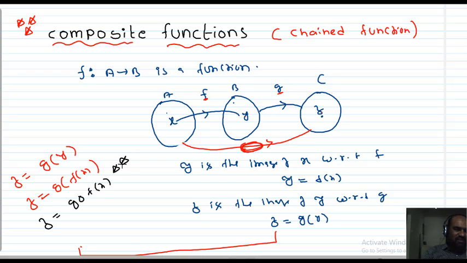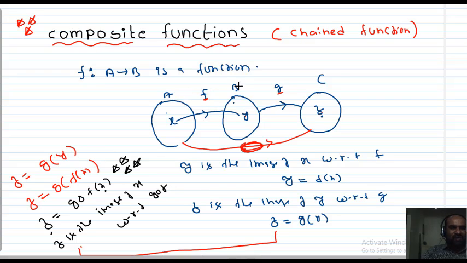This is an important notation. So I can say Z is the image of X with respect to the new function g circle f. Understood? G circle f.